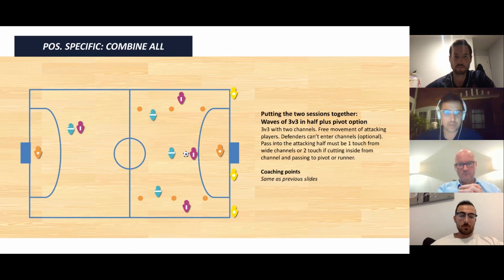You can work on those indirect movements of players coming in and then firing the pass into the pivot as well. But at the same time, you can also work on that 1v1 and how the player can really face forward first and engage and see if the pivot has created space for that 1v1 as well. So there are all different types of 1v1 scenarios that you can create in here.